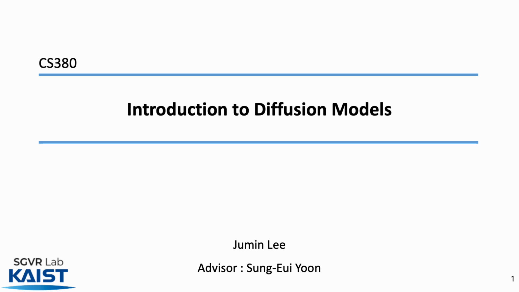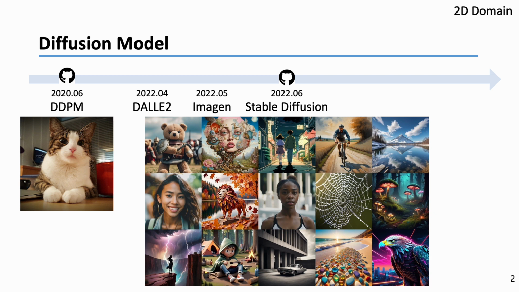So today we are going to talk about the introduction of diffusion models, one of the famous things in generative models. Diffusion models began just 4 years ago with the publication of Denoising Diffusion Probabilistic Models. This research demonstrates the quality of generating highly realistic images.